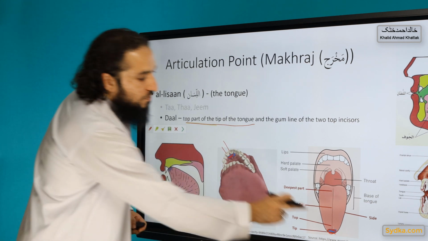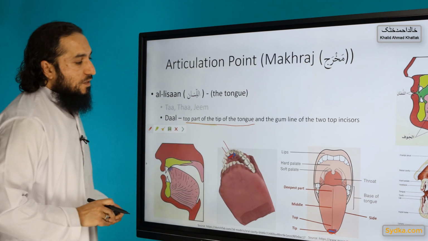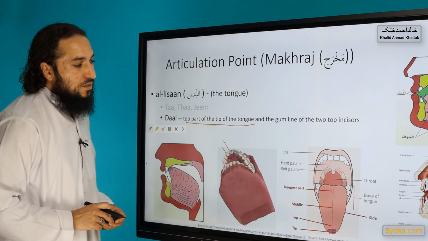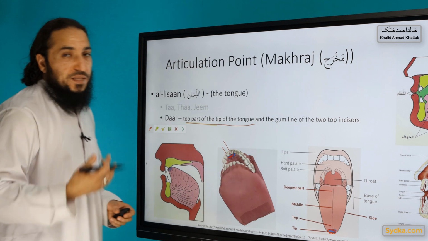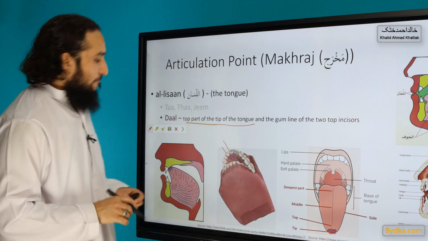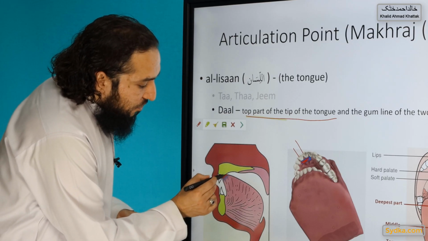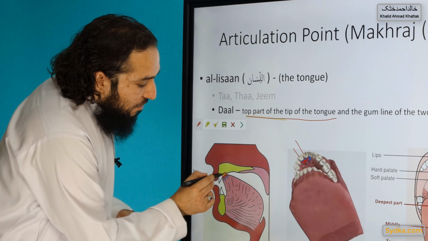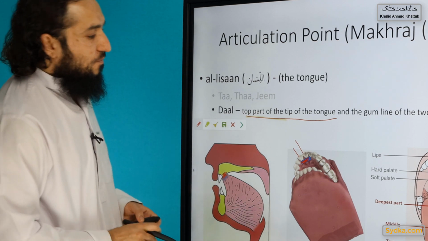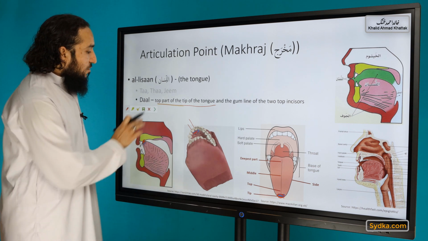So the top part of the tip of the tongue and the gum line of the top two incisors, when we're pronouncing Dal, that's where the sound comes from. You can see it in the other diagram. That's the top part of the tip of the tongue and this is the gum line for the top two incisors. Let me explain this in a 3D model.